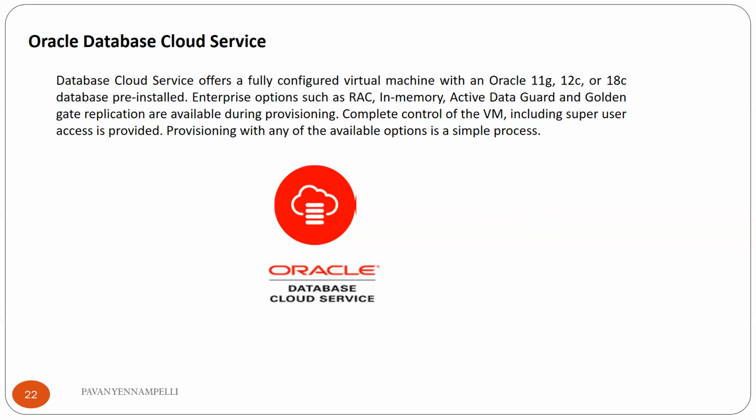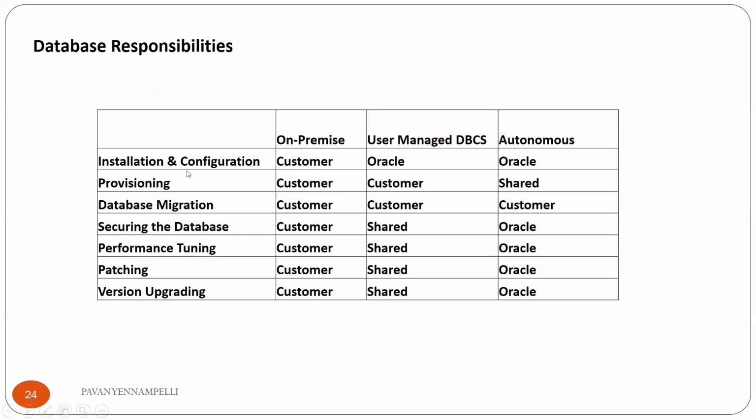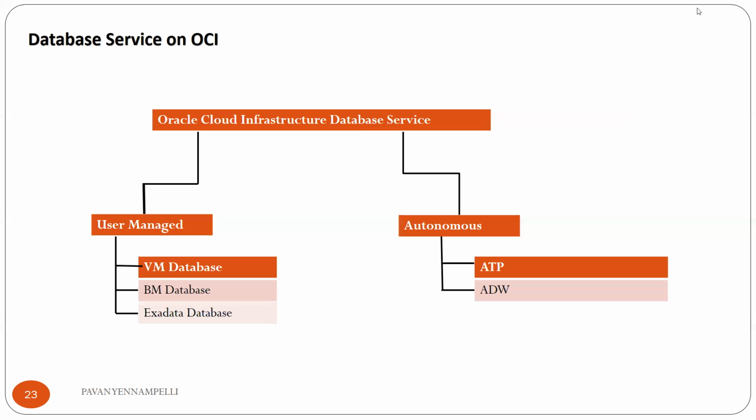When coming to the different types of cloud database services, they are mostly categorized into two types: user managed, and autonomous.